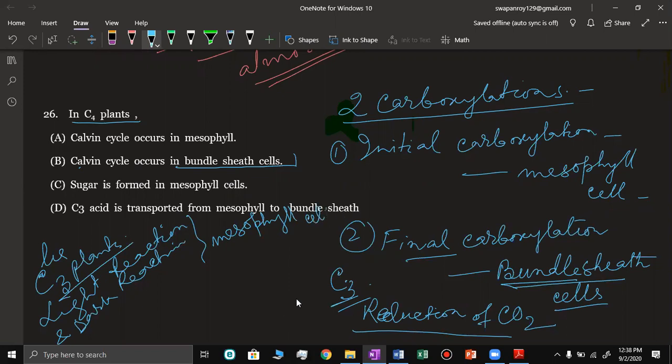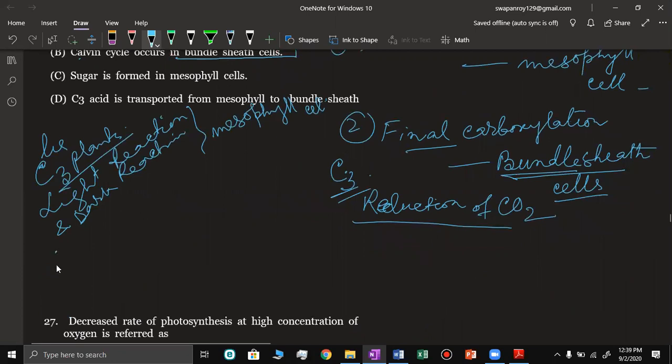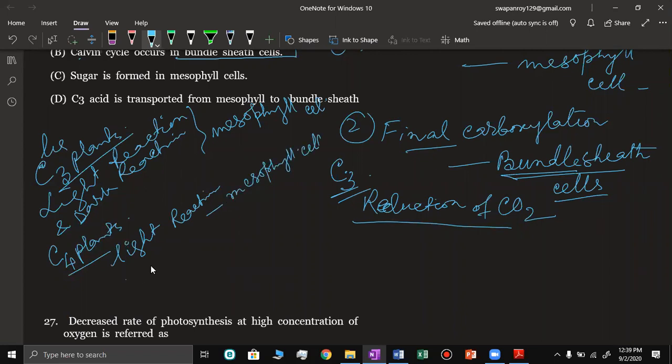But in case of C4 plant, the light reaction occurs in the mesophyll, and the dark reaction, which is by the Calvin cycle, takes place in the bundle sheath cell.